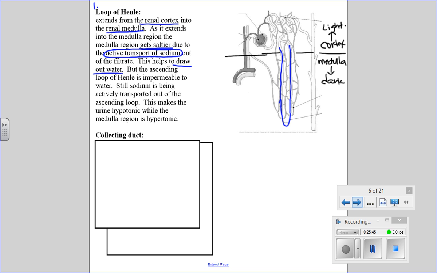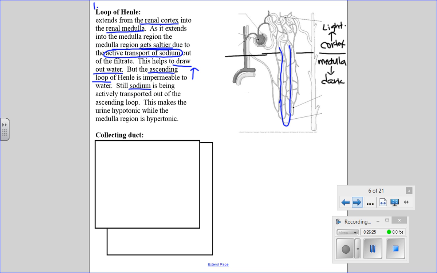So here are some things. The ascending loop of Henle is impermeable to water. So that is the part that is going upwards. In that particular spot, sodium is being transported, but water is not anymore. This keeps the central part of your kidneys salty all the time, so that they are constantly a higher concentration, so that water is constantly attracted there.